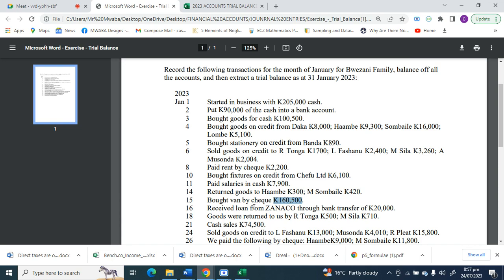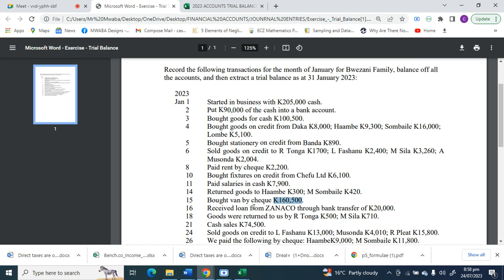No, no, no. We're not looking at it like that. We have acquired an asset, which is a van, and we used money to acquire that asset. So the two accounts here that will be involved are the asset, the van account, and the cash account.